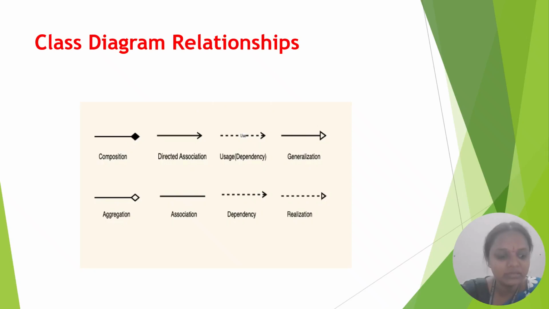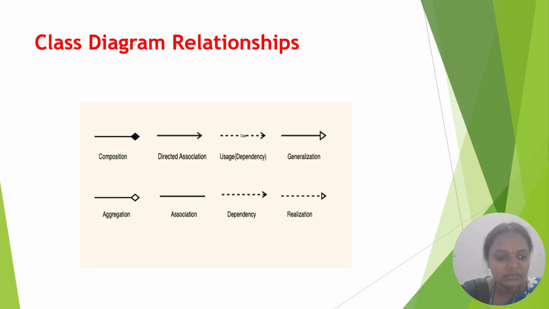It denotes a stronger relationship where one class contains or is composed of another class. Aggregation is represented by a diamond shape on the side of the whole class. In this kind of relationship, the child class can exist independently of its parent class.